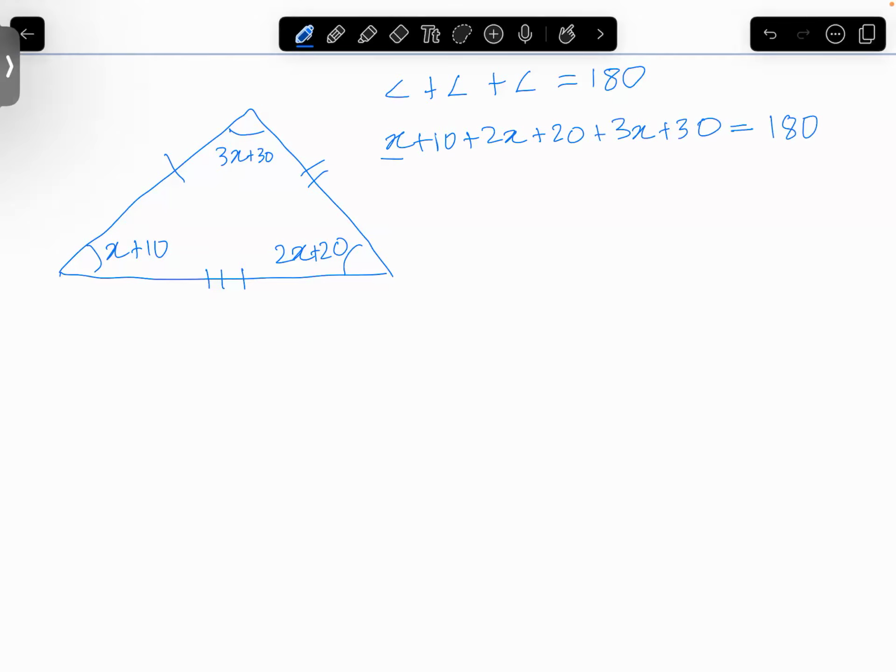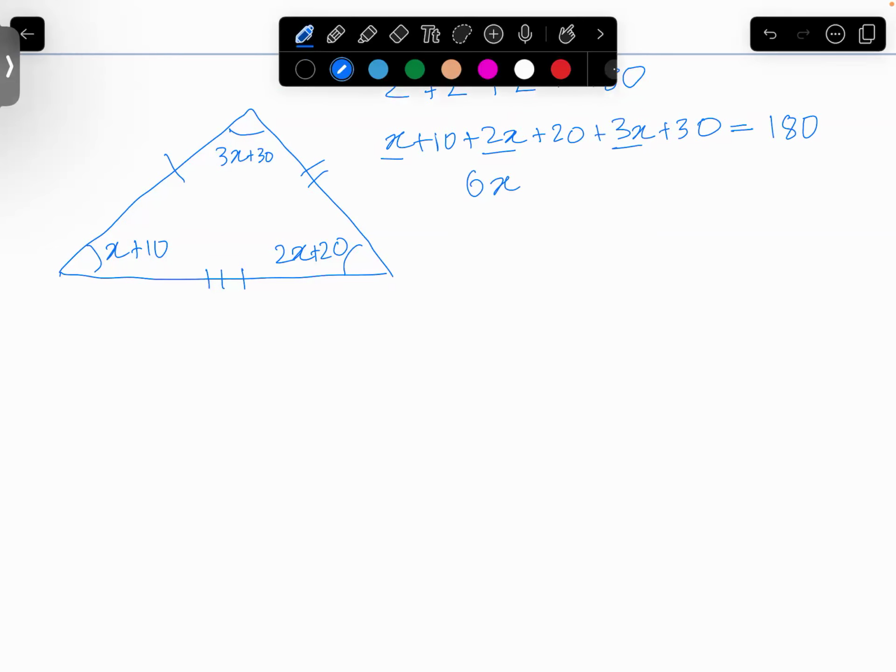Now we can combine the like terms: x plus 2x plus 3x equals 6x, and 10 plus 20 plus 30 equals plus 60, which is equal to 180.